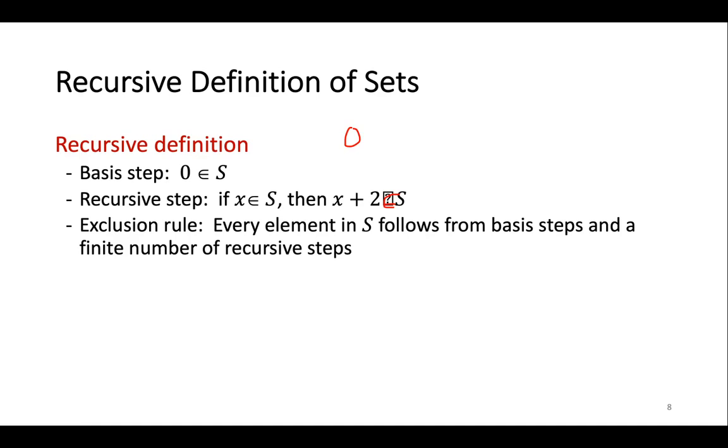So we know about the 0, another member will be 2, next is 4, 6, 8, 10. Yeah, it goes on.